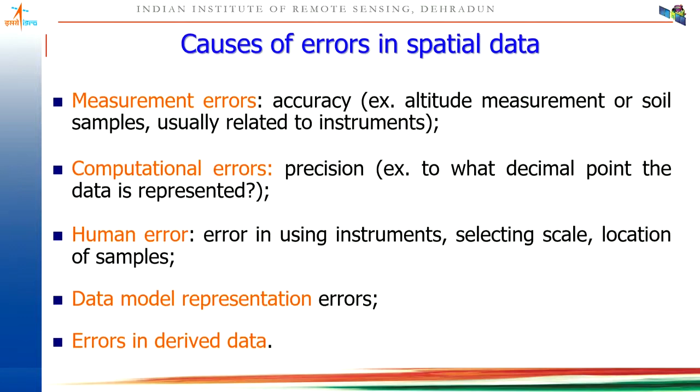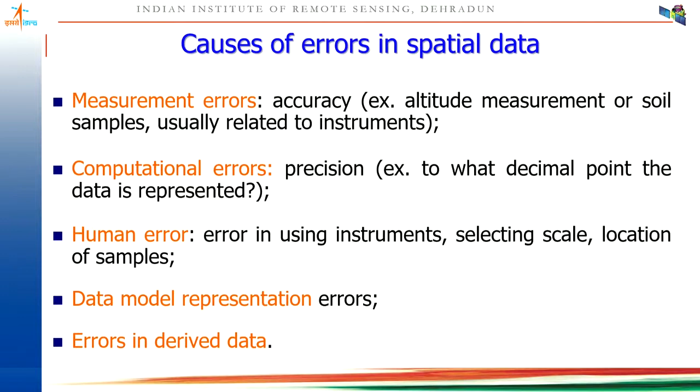So here there are causes of errors in the spatial data, like measurement errors, and these measurement errors basically affect the accuracy of the data. Examples are altitude measurements, soil samples, and usually they are related to the instruments.